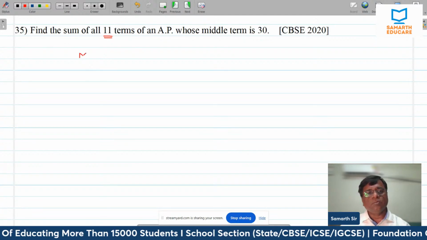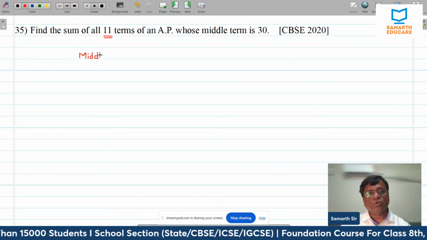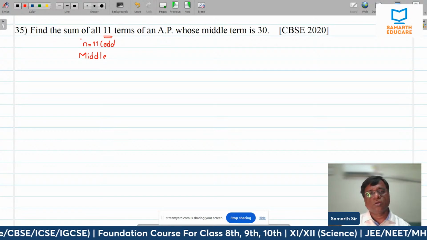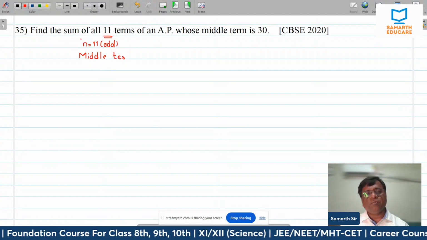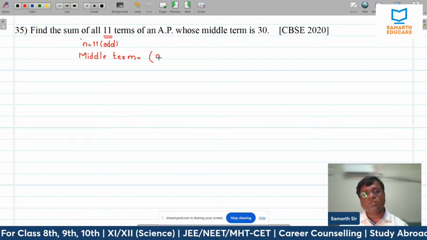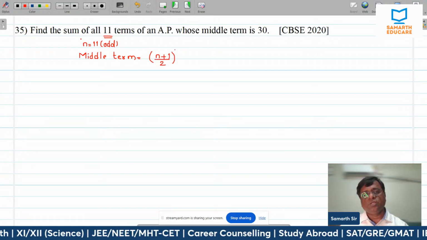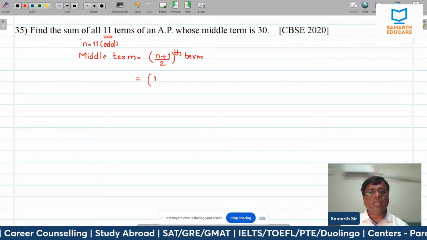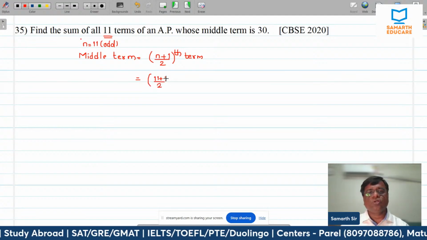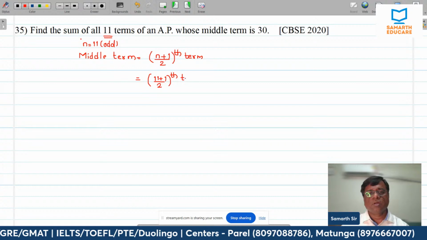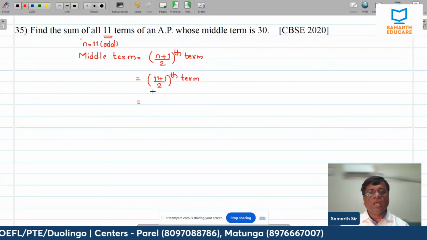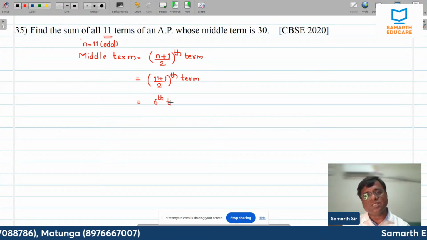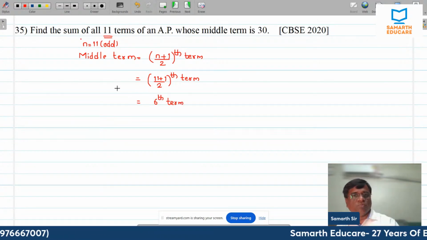So the middle term is, because n is equal to 11, which is odd, the middle term will be (n plus 1) by 2th term, that is 11 plus 1 divided by 2th term, and that is 12 divided by 2, that is 6th term. Remember that the middle term is not 6, but it is the 6th term, the term at that position.